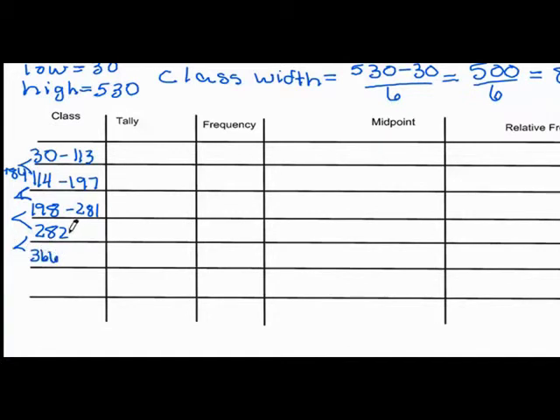This class must have gone to 365. Add another 84, 450. This must have gone to 449. Now this is our last class here. If we add another 84, that gives us 534, which is not going to be a class, but it lets us know that this one is going to end at 533.